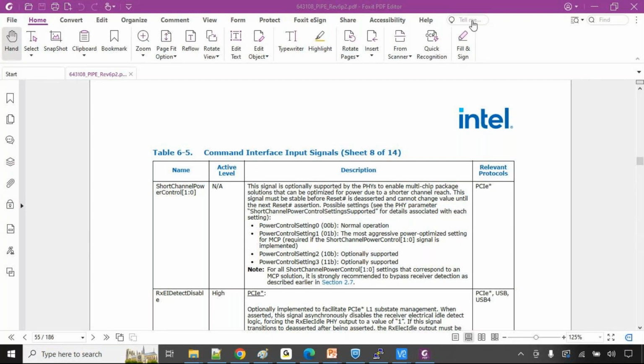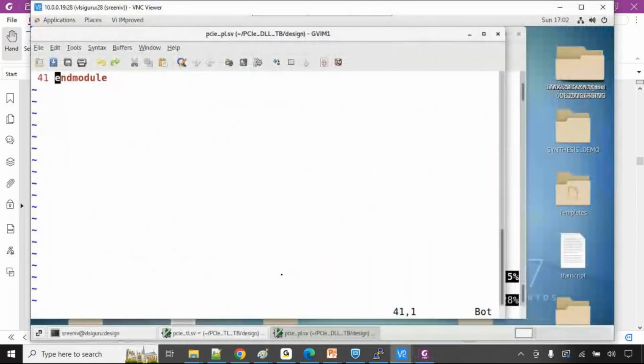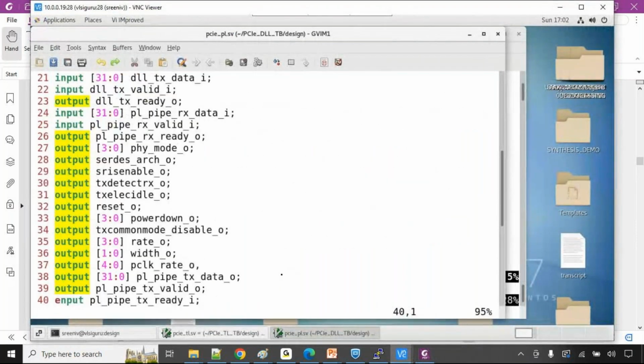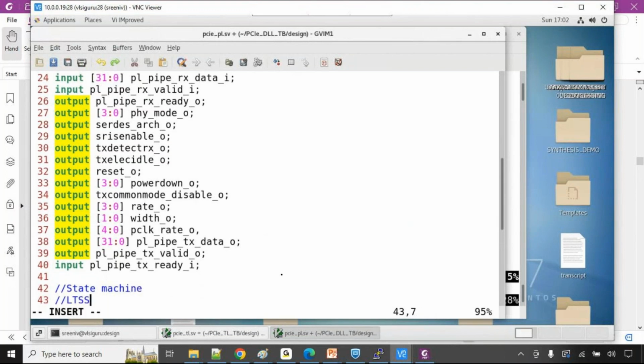Okay, now that you have declared the dimensions, the backbone of any RTL code is the state machines. Actually, we have to implement state machines. One primary state machine will be LTSSM. Definitely, this design requires LTSSM, which tells the physical layer status.